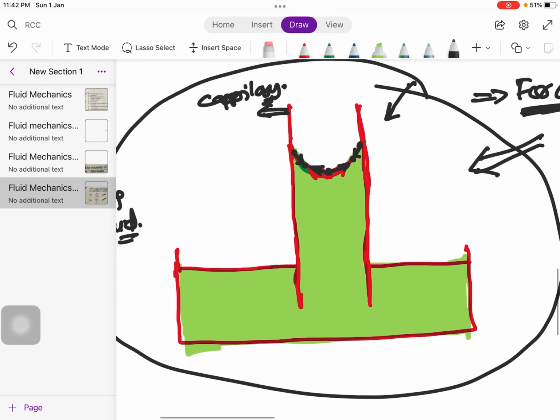Now, since this surface is in equilibrium, if an inward force is acting on the molecule just in contact with this capillary surface, there must be a force balancing this inward pull. Therefore, close to the surface, we have a force like this.